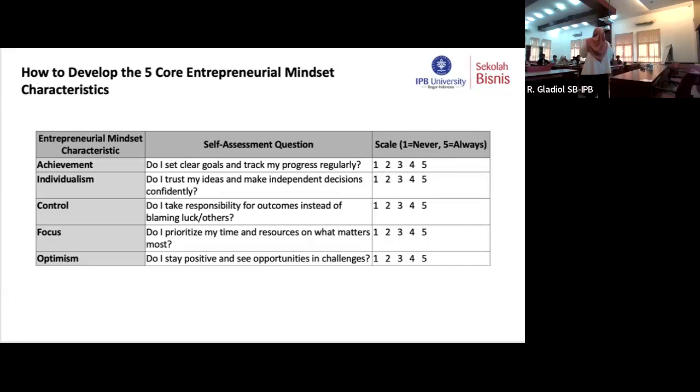So how do I make it to 5, for example? So it's different for each of you. You have to know that. There are a lot of self-assessment questions, I only put one, but you can search in Google, and then automatically you know your gap and so on.